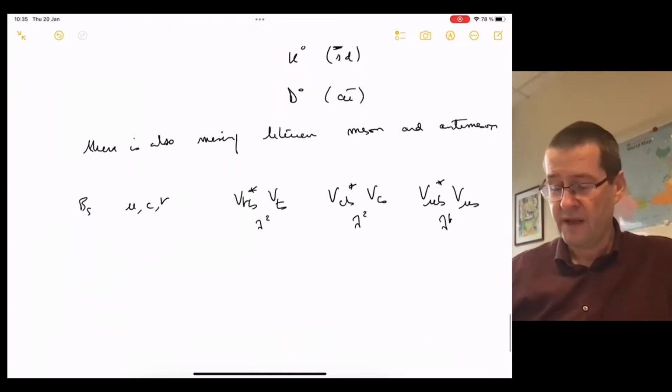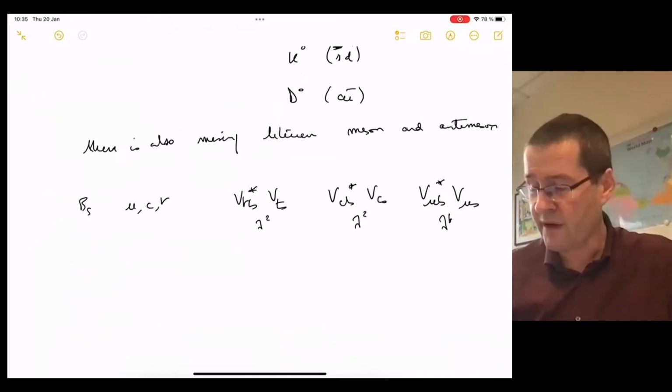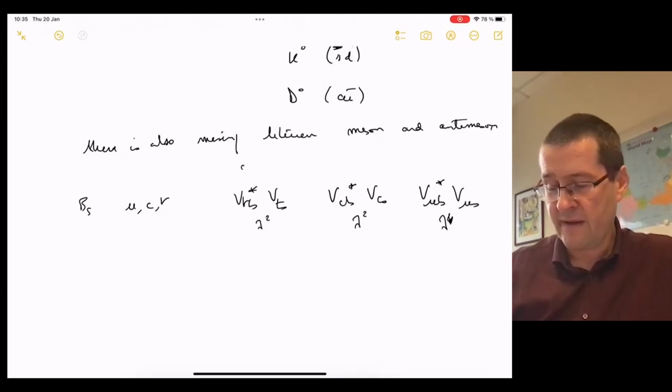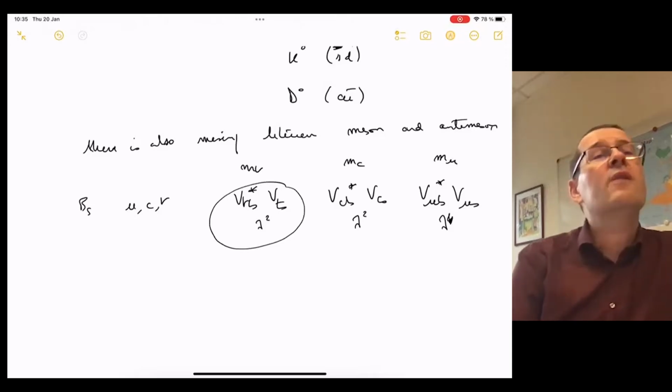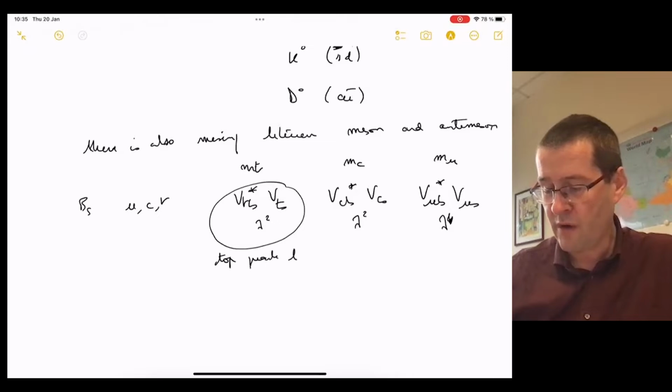So in principle, you have a hierarchy which is compatible with the hierarchy that you would have from the m top. So in the end, this one is going to be the dominant one. So for BS, top quark loops dominate.